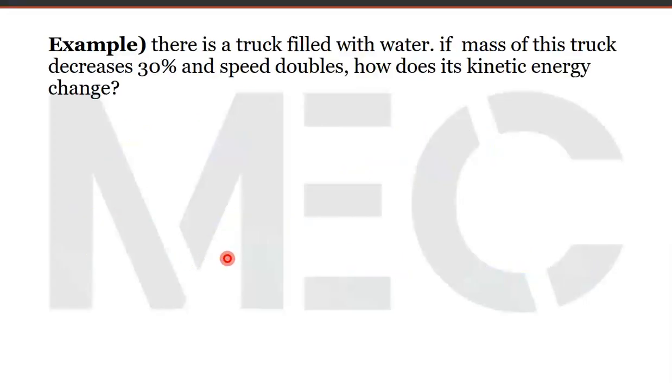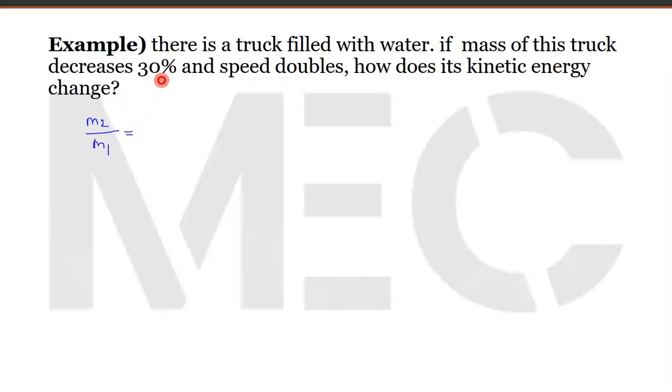Okay, let's do another example. There is a truck filled with water. If the mass of this truck decreases 30% and speed doubles, how does its kinetic energy change? So this time we have m2 over m1.